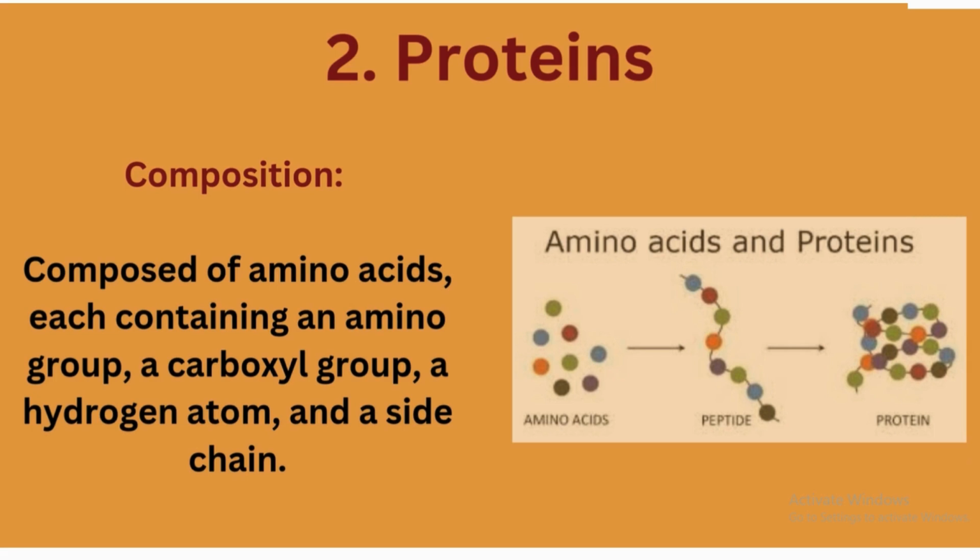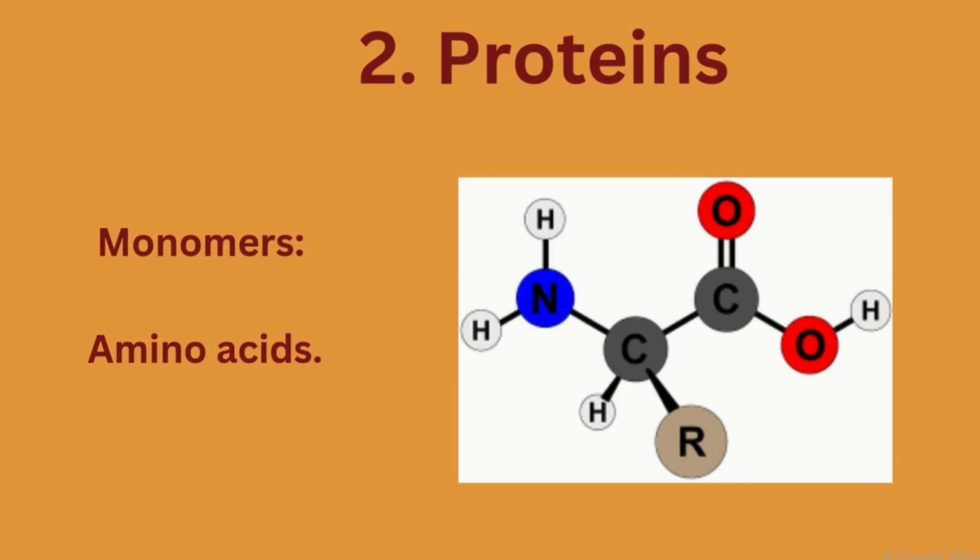So the composition of the proteins consists of these four elements. The center is the carbon atom, along with which the carboxyl group, hydrogen, amino group, and alkyl group are attached, which may create any example of the amino acids.